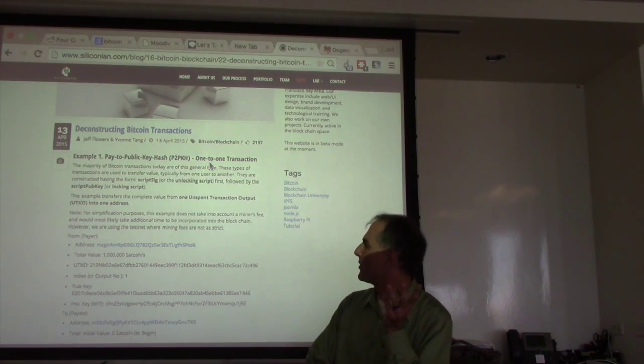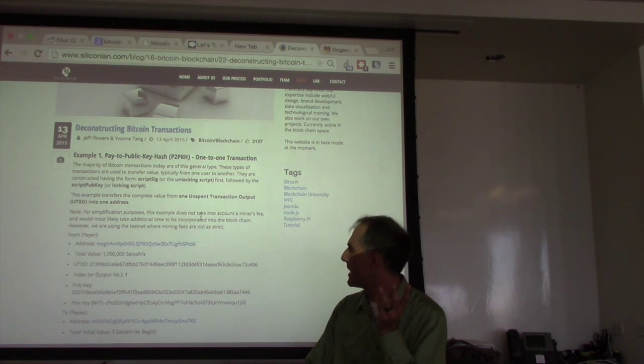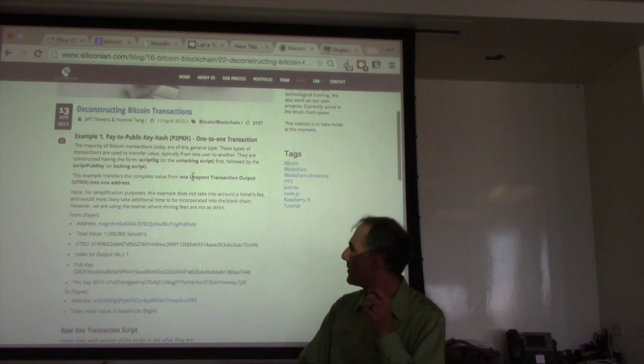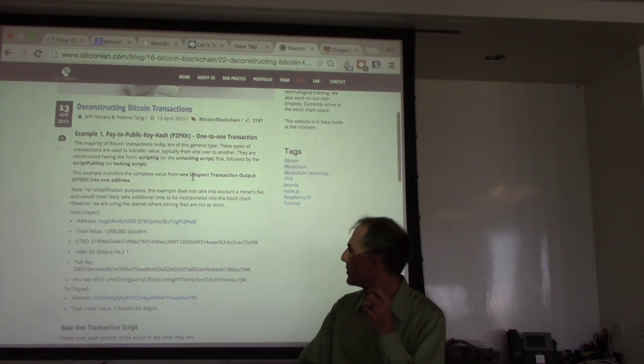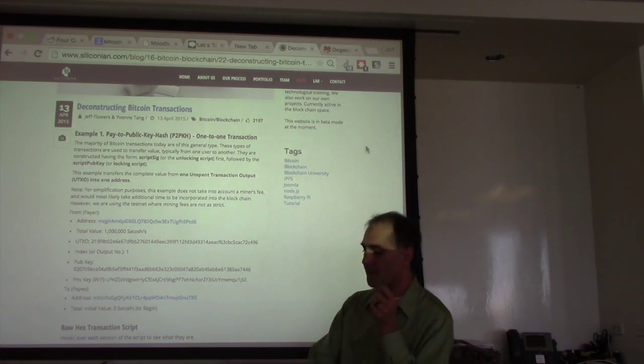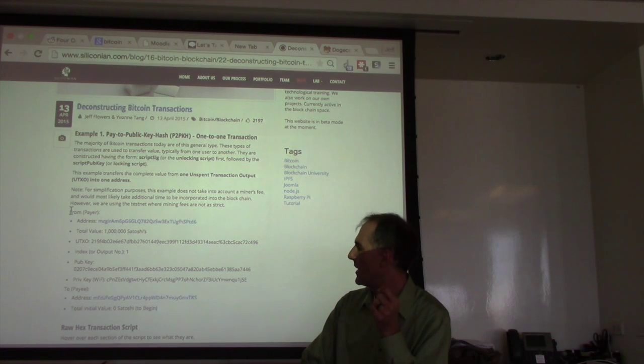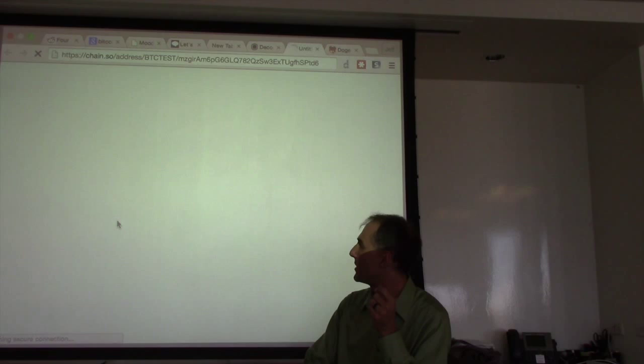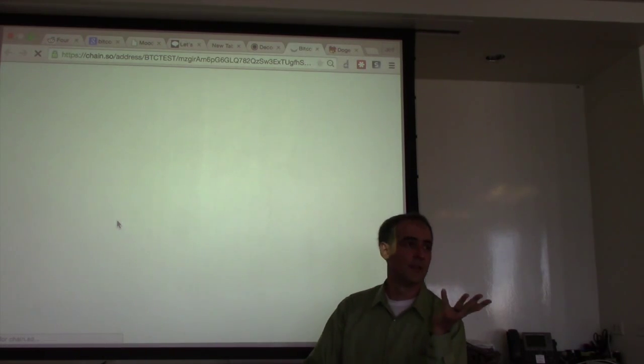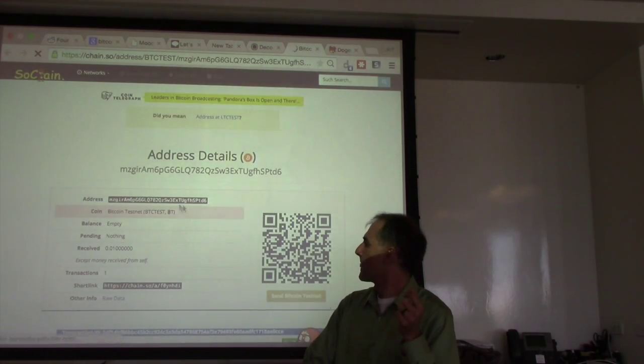So this is a simple pay to public key hash. This is, if you will, the simplest transaction type. It's just going from one person to another person. All right, so here it is. This is where we're going to send money from the payer, and here's the address. You can see what it looks like on Chain's Block Explorer.